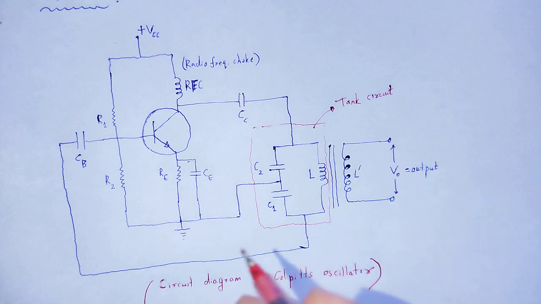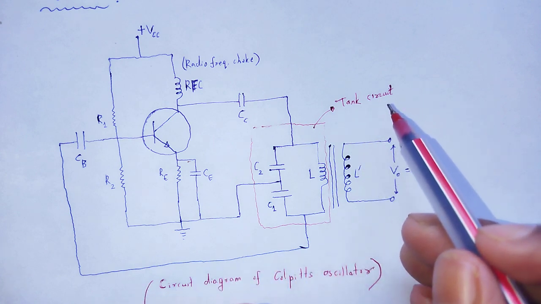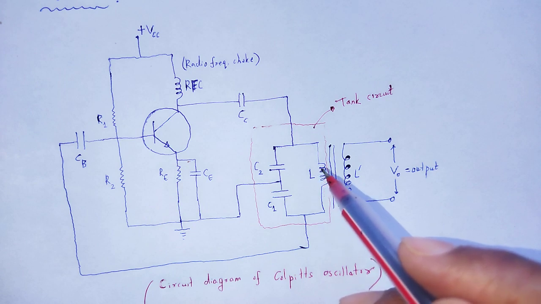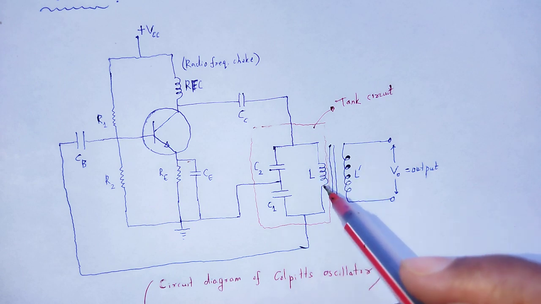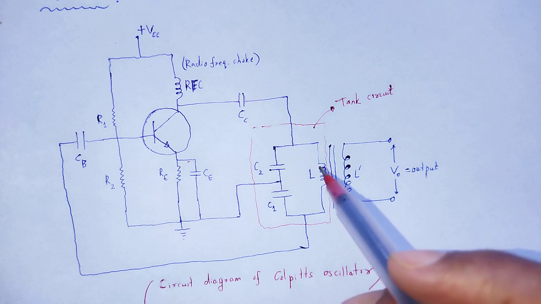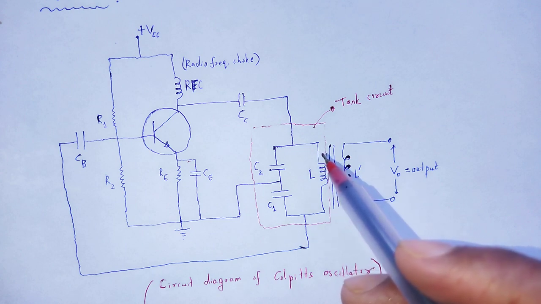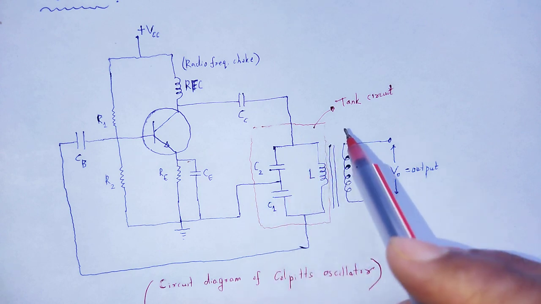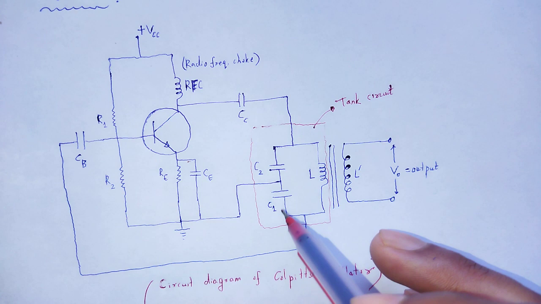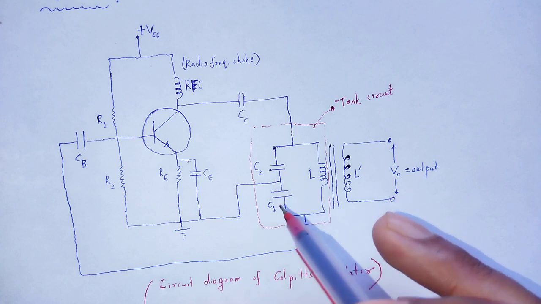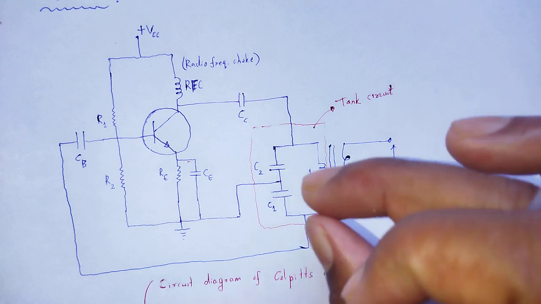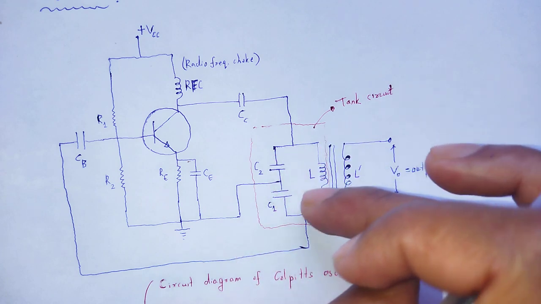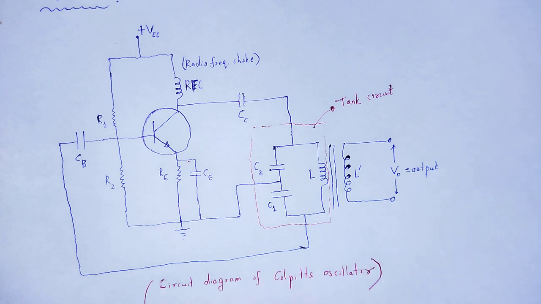In case of Hartley oscillator, the tank circuit consists of two inductors having inductance L1 and L2 connected in series with each other, and these inductors are connected parallelly to one capacitor having capacitance C. But in case of Colpitts oscillator, two capacitors having capacitance C1 and C2 are connected in series with each other, and these are connected parallelly to an inductor having inductance L.